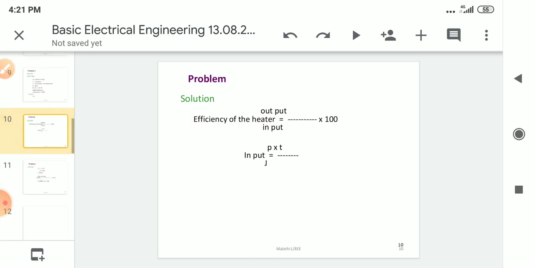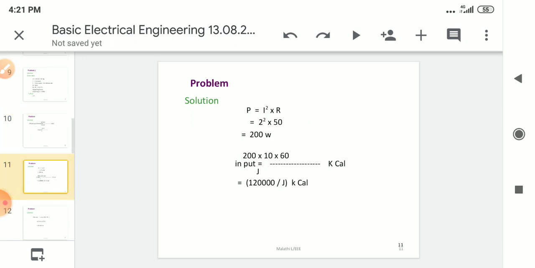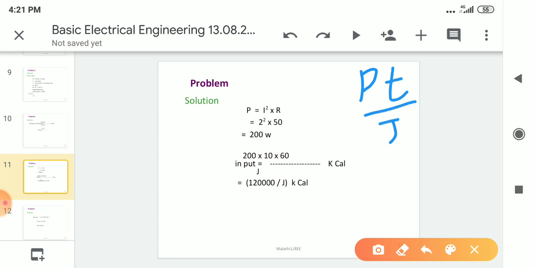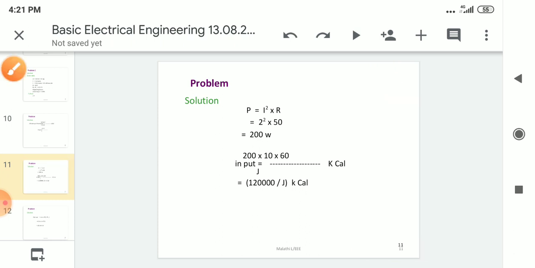So the first step is to find the input, which is P into T by J. To find the value of P, what is the formula?